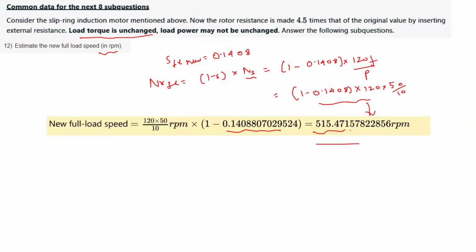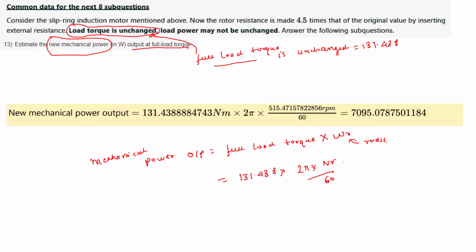We have found in this question 515.47. So this is 131.438 into 2 pi into 515.47 by 60. So you will get this as 7095.07. Okay, so this is the value of the new mechanical power output.